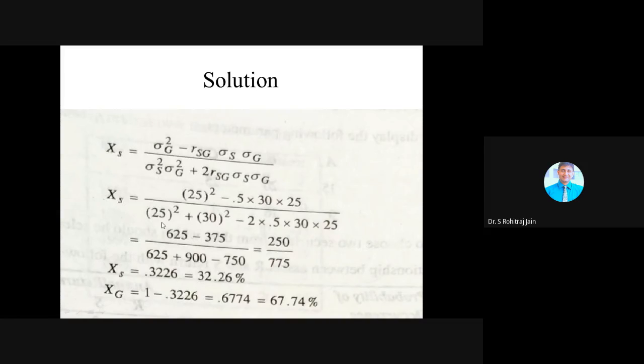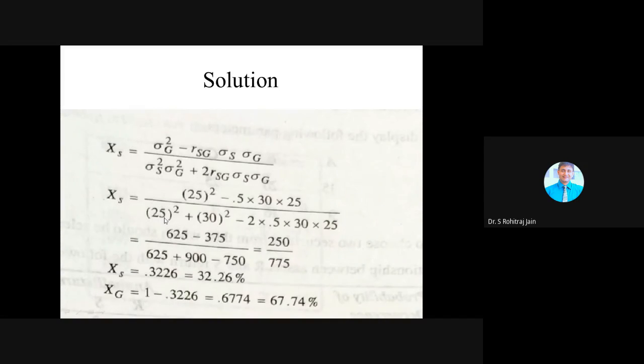See here, in the formula there is a small mistake which I have taken. It has to be sigma S square plus sigma G square minus, the sign is missing. It has to be minus, students. See, this is correct, this is perfect. I request all of you to change it. Only in the formula it has to be a plus sign here and a minus sign here.